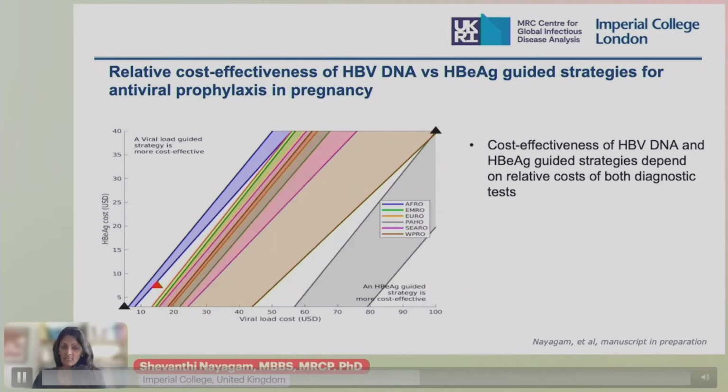In the study, we modelled a price for the diagnostics that could be used if the country was to procure in mass. But we know that currently these prices are not available in most countries. And therefore, this panel gives an idea for different countries and regions to weigh up the relative costs and benefits of the e-antigen versus viral load strategies.